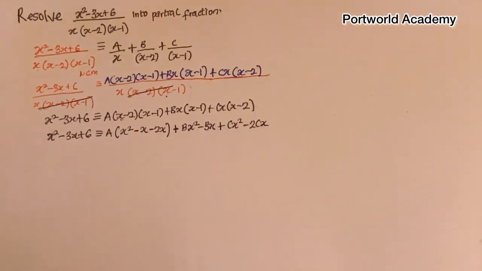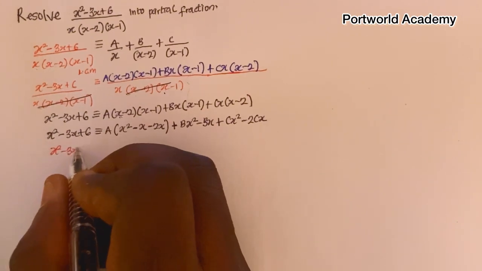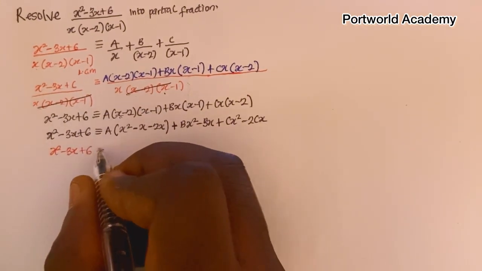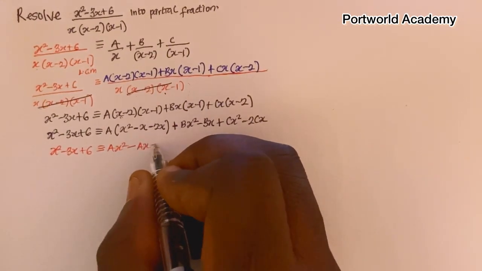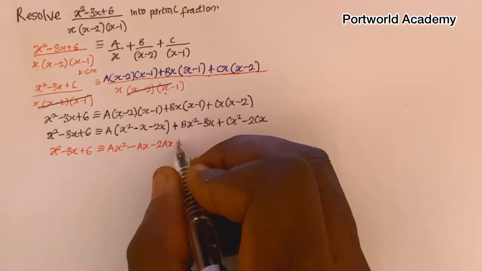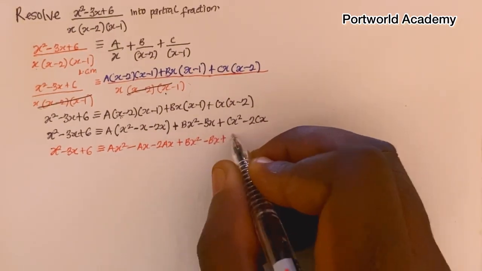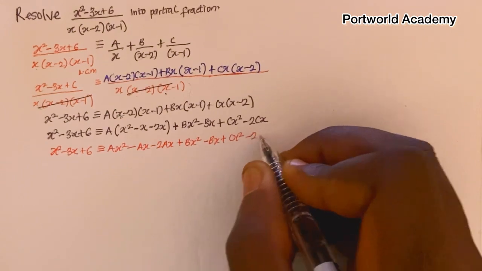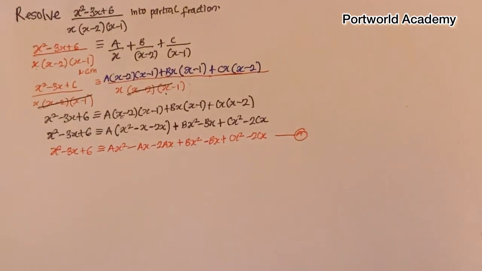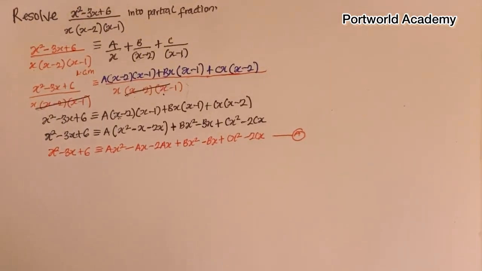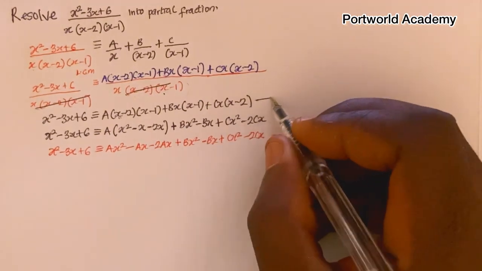Opening the brackets, I have x squared minus 3x plus 6 equals ax squared minus ax minus 2ax, then plus bx squared minus bx plus cx squared minus 2cx. Then I can just call this a. Coming back to this, I'll call this star.